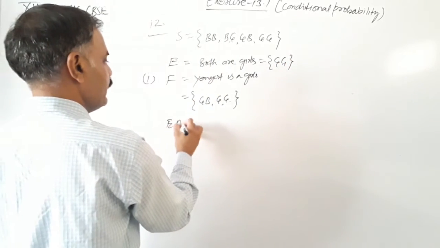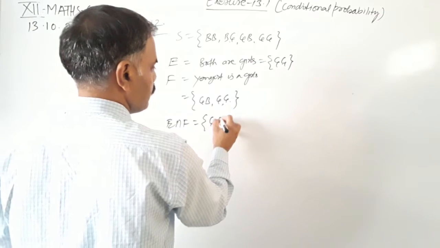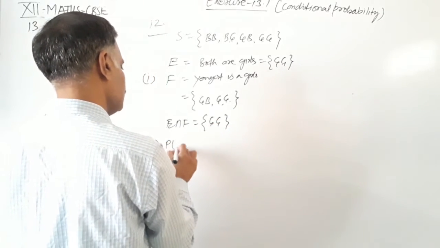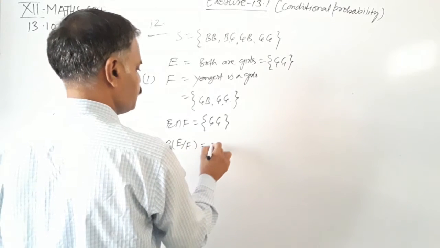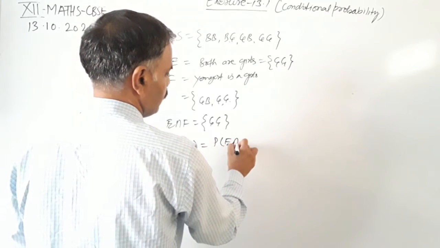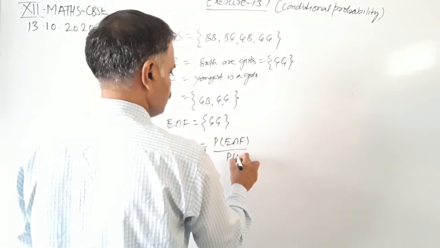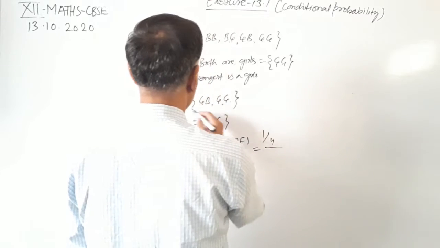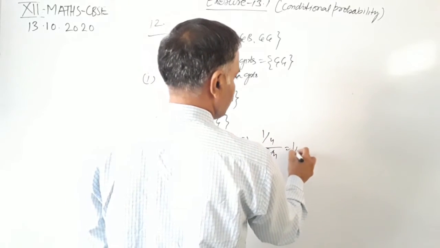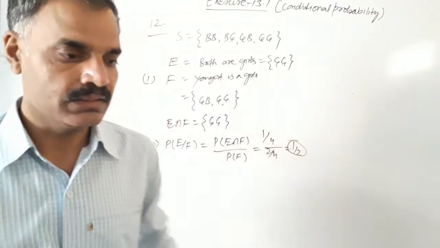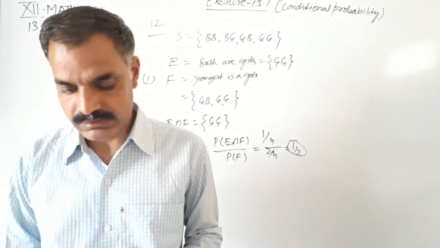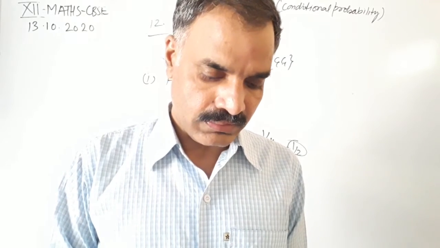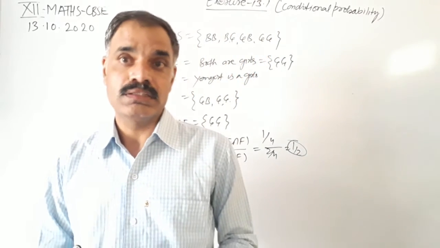Now E intersection F is GG. So P(E|F) equals P(E intersection F) upon P(F), which is 1 upon 4 upon P(F). P(F) is 2 upon 4, that is 1 by 2. So there is a 50% chance. This was the first part and you can do the second part in the same way.